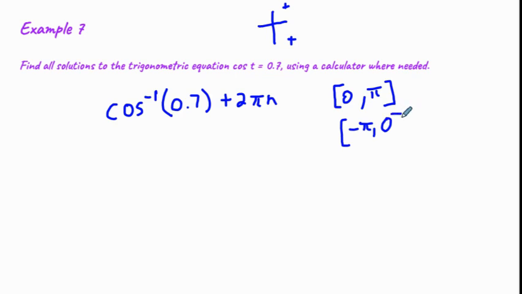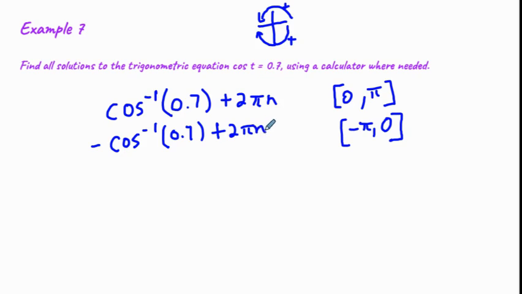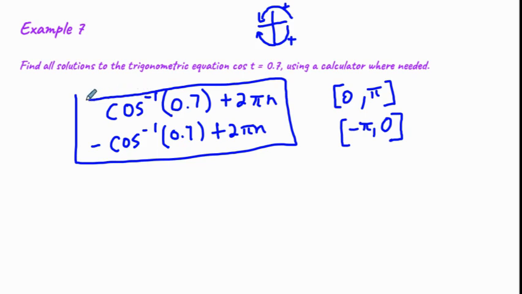The domain of inverse cosine is counterclockwise to pi. The other area would be counterclockwise. Okay. So the other solution we would have is negative arc cosine 0.7 plus 2 pi n. And then, again, calculate those two values, but that would be your solution set.